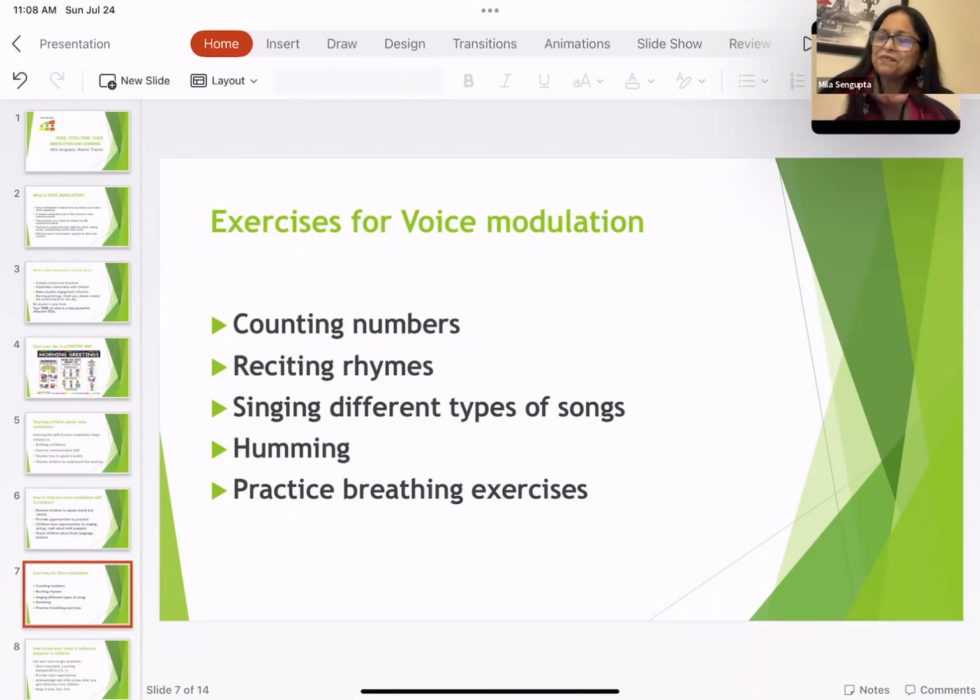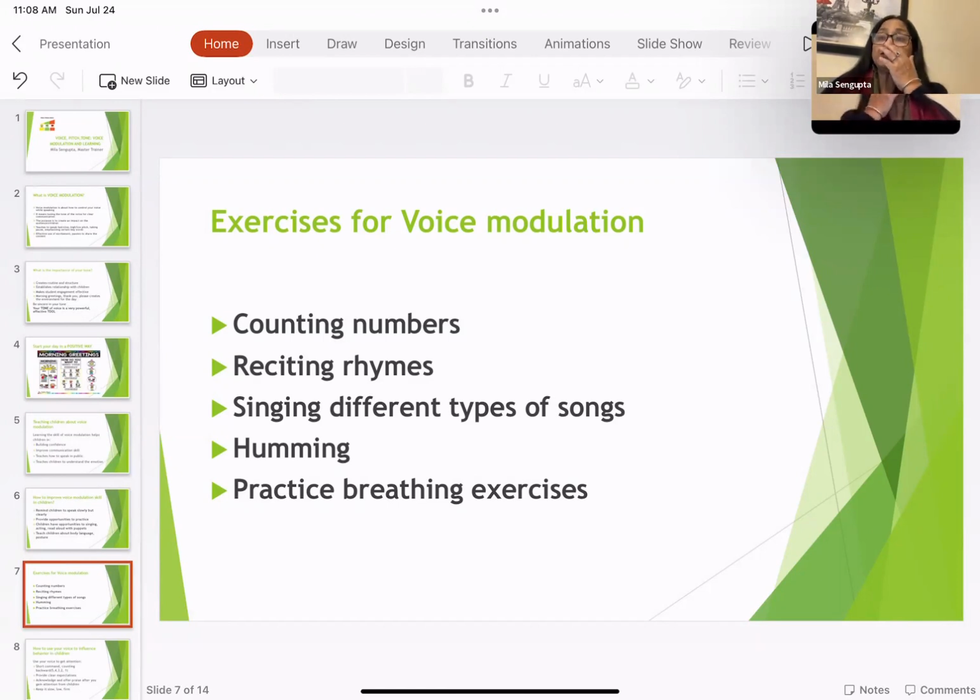What is humming? Humming is simply the tune. When you, instead of using the words, when you hum the tune, just simply use the tune instead of the words. And humming is also a very effective tool for developing voice modulation skills in young children.